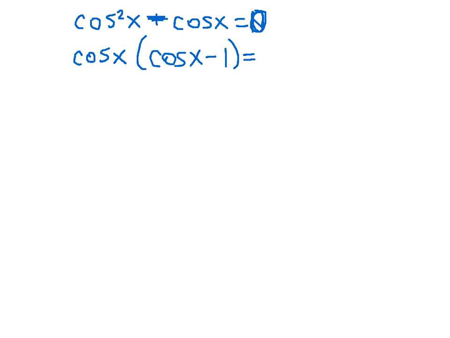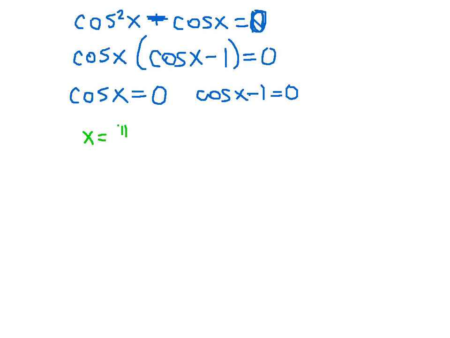If that equals 0, then by the zero product property, you can set each of these factors equal to 0. On the left, where the cosine of x equals 0, there are 2 spots: cosine of x equals 0 at pi over 2 and 3 pi over 2.